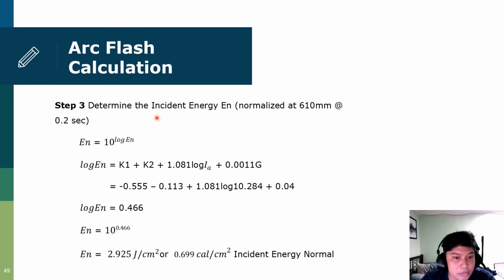In step 3, we determine the incident energy En. So this is the formula. The formula of log En is this one. Substituting the variables, the result is 0.466. Substituting this value to this one, 10 raised to 0.466 is 2.925 joule per square centimeter, or 0.699 calorie per square centimeter.